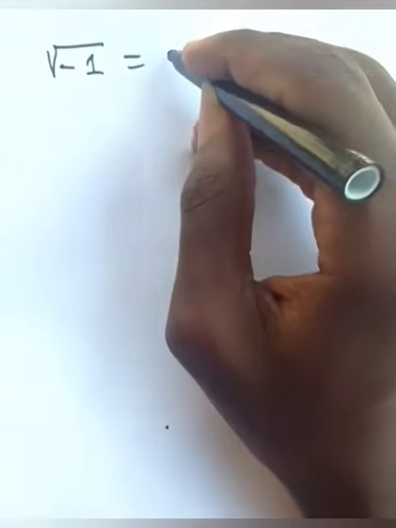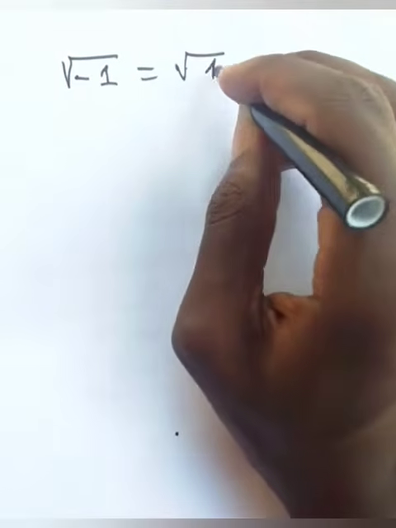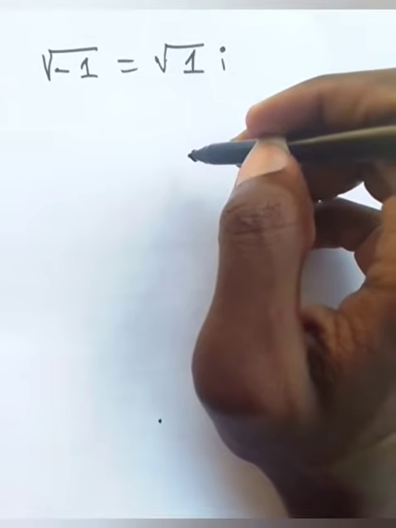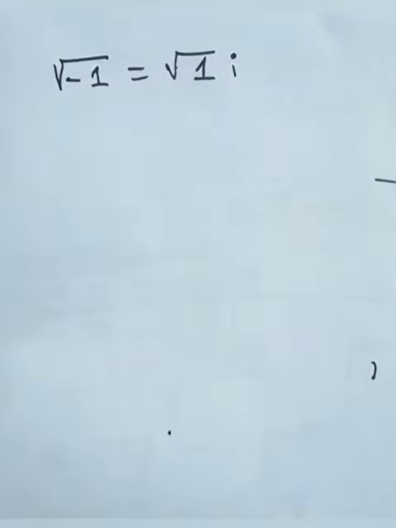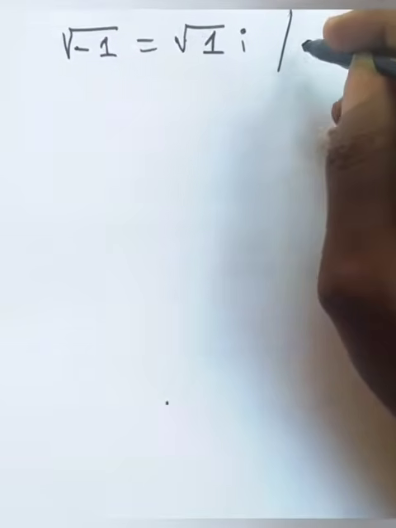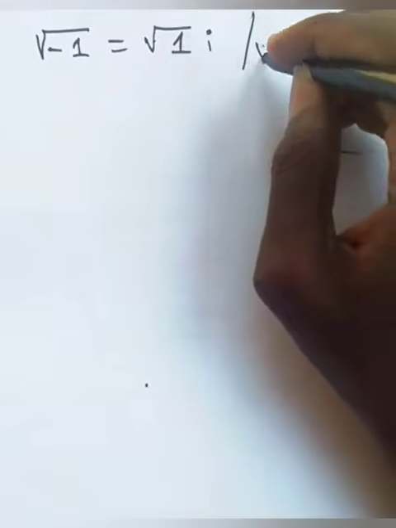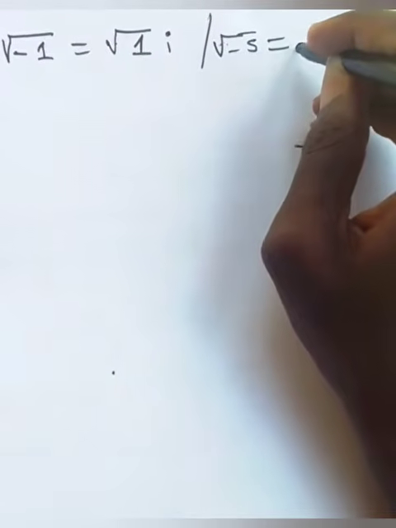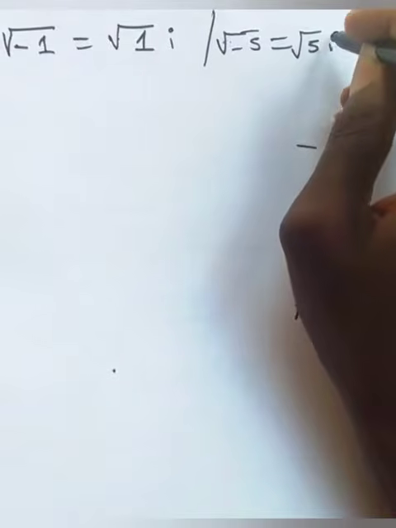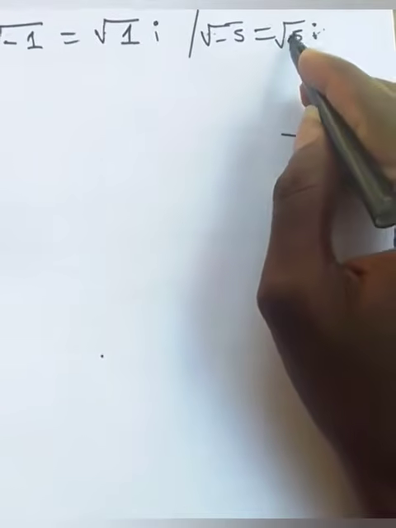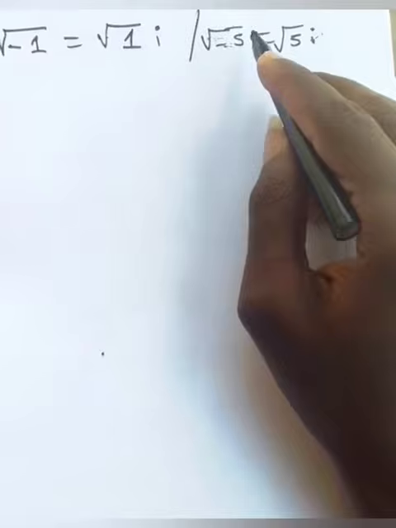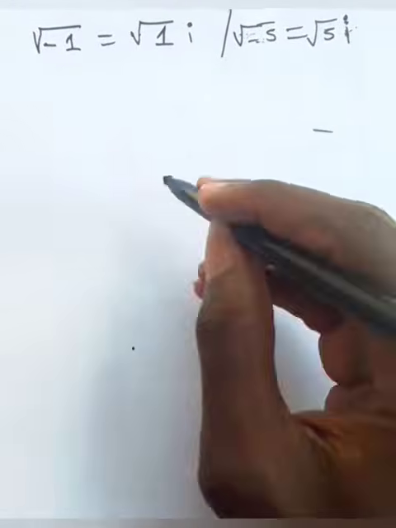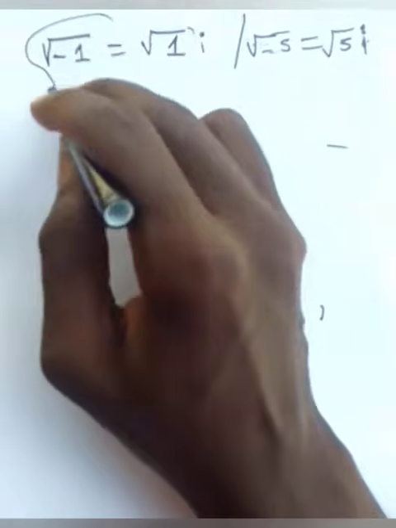It can also be written as square root of 1 with a letter I. This also means that if you have, let's say, square root of negative 5, it is the same as square root of 5 with an I. It's like this I is carrying this negative which is here. Whenever you write it, you write it outside, not under the root, outside.